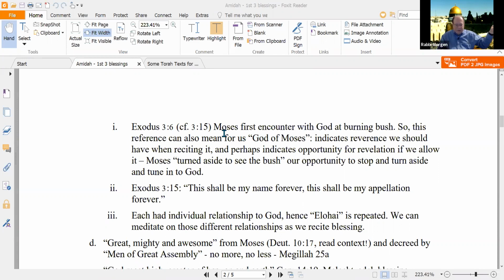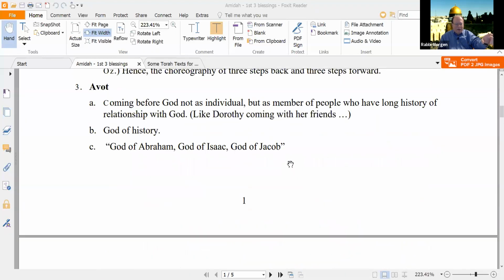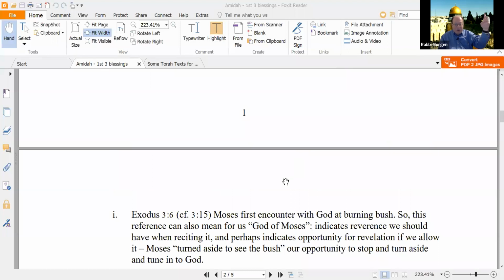So they took this snippet from Exodus, the story of Moses' first encounter with God, and since we know where that tile originally belonged, we can think about what it meant in its own context.